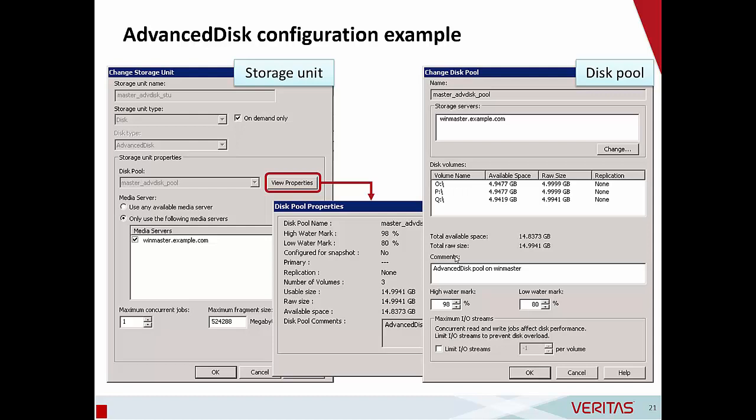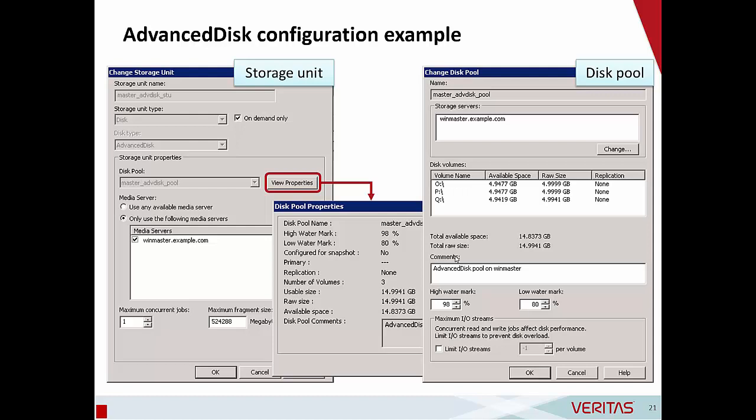Now, if you wanted to get more detail about which specific volumes made up that disk pool, you'd need to go to the disk pool properties, which is what they're doing in the example off to the right here. Right-click on the disk pool object itself and select Change, and then I can see the actual disks. Looks like 3 Windows drives in this example here that make up this pool.